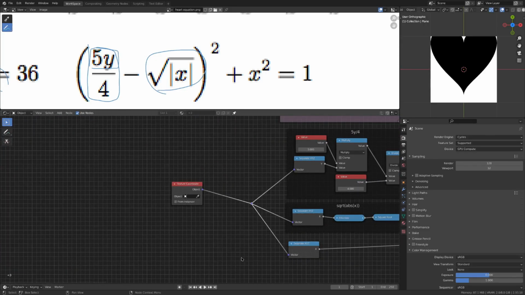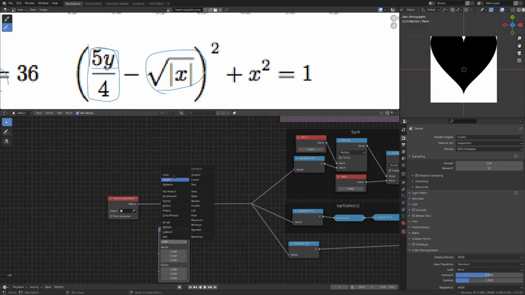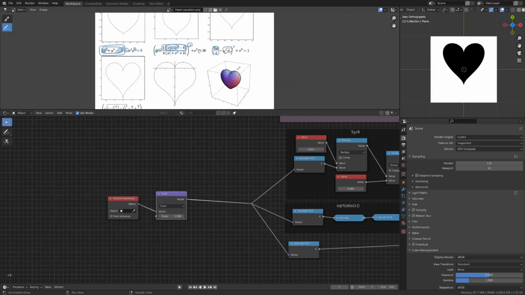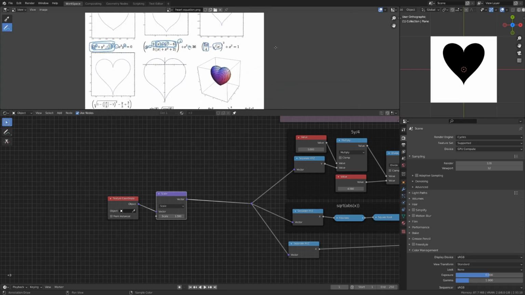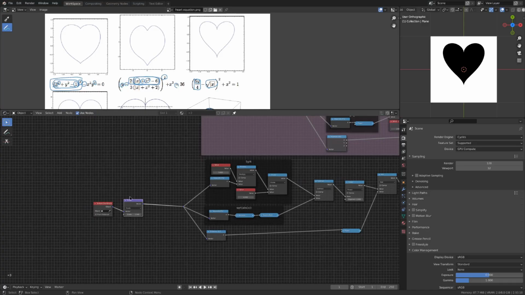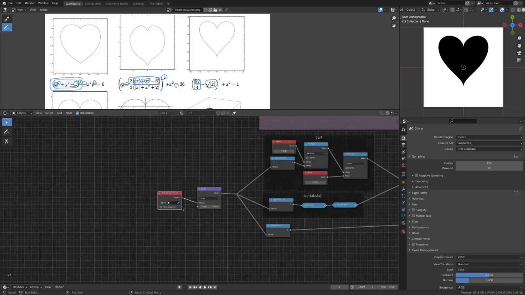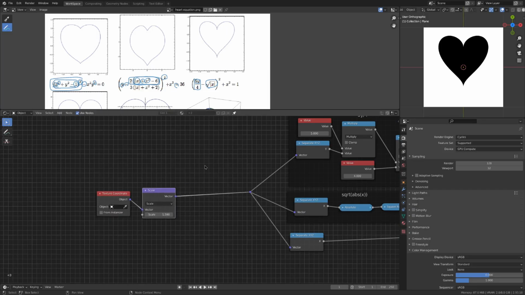Using the vector math node, we can change the whole vector scale. So this vector math node is really useful. It's looking like this. I love this. Alright, so we just made this third hot as well. Beautiful. Oh, by the way, if you want to make this slightly centered on the y-axis, to make it a little bit down, we can use vector math node, add or subtract, and we can change the y.